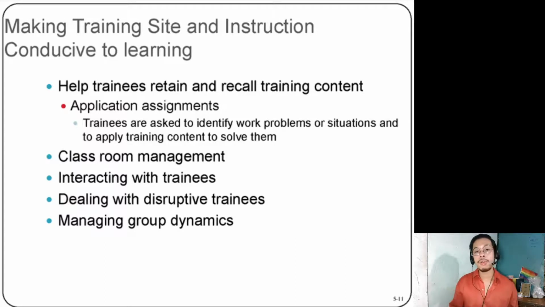Next is group dynamics. As a trainer, you should be able to manage group dynamics, like different interactions that would lead to a specific outcome of behavior. So if that behavior is not expected, how are you going to manage that?